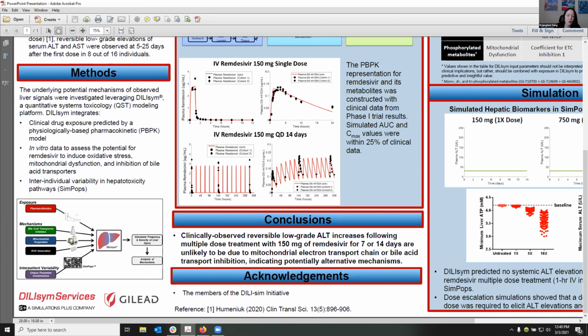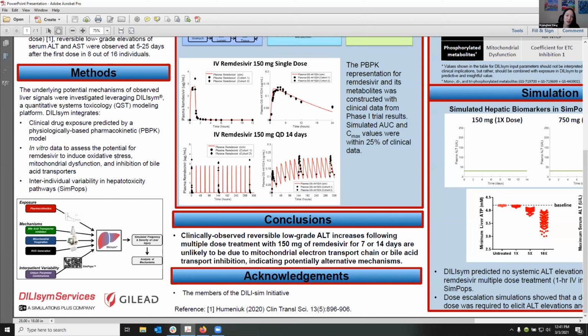In this project, we developed a PBPK model of remdesivir and its metabolites. The in vitro assays were performed by Gilead to assess the potential of remdesivir and its metabolites to induce oxidative stress, mitochondrial dysfunction, and inhibition of bile acid transporters. These are the 3 main mechanisms of hepatotoxicity represented within DILIsym.